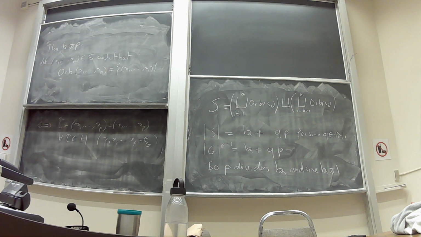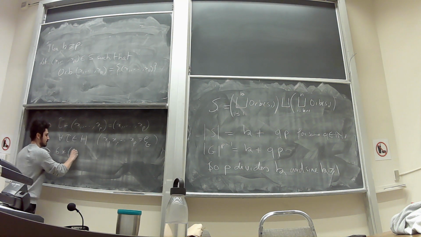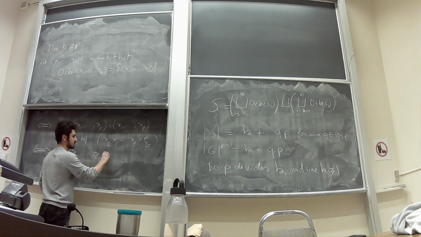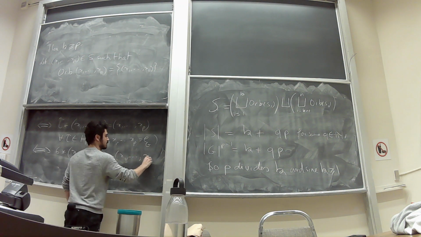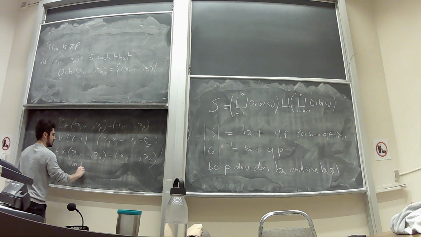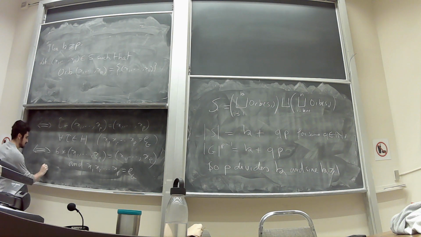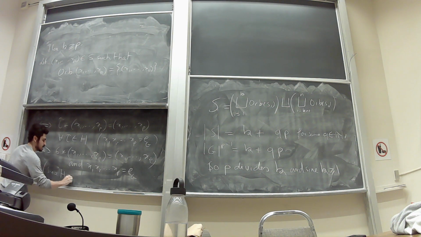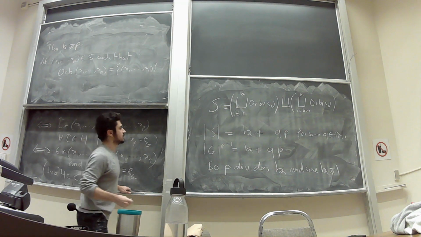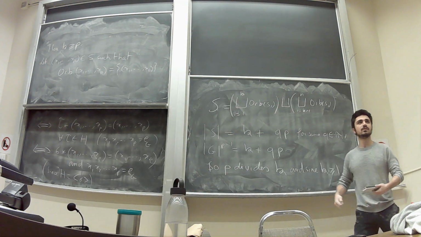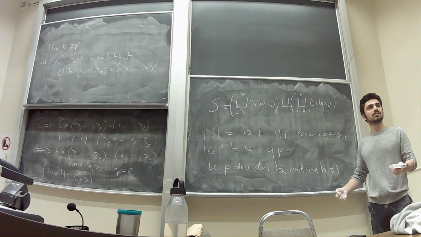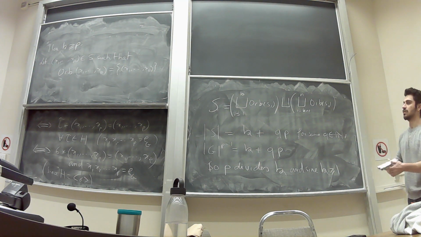Now, I'll let you convince yourself that since H is cyclic, it's enough that sigma, the generator, fixes (x1, ..., xp), if and only if sigma (x1, ..., xp) is equal to (x1, ..., xp) and x1 x2 ... xp is the identity, since H is generated by sigma. Try to convince yourself that if the generator fixes the element, then the entire subgroup generated by the generator, which is the whole group, fixes the element.